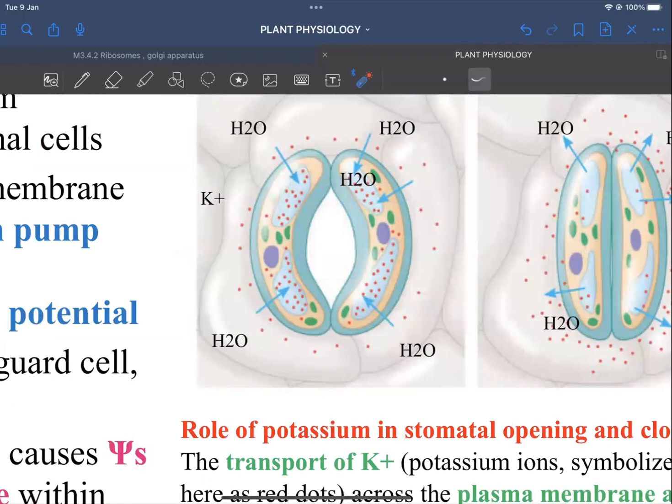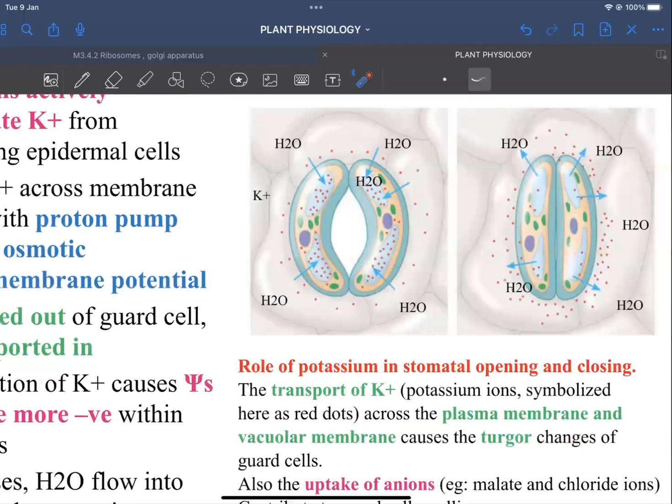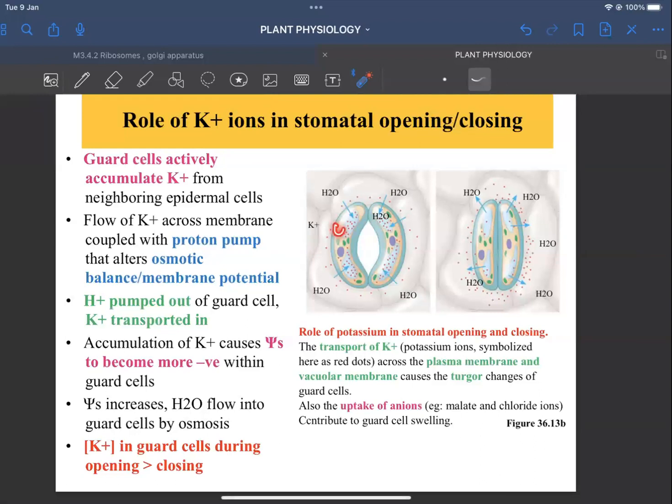So the potassium ion is going to be really high inside the guard cells, causing the solute potential to be increased within the guard cells. When the solute potential increases, you are decreasing the water potential. If you compare with the epidermal cells, they have a higher water potential.